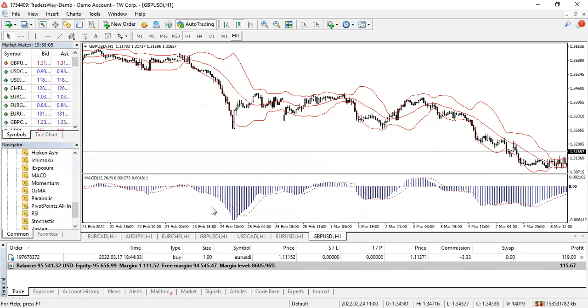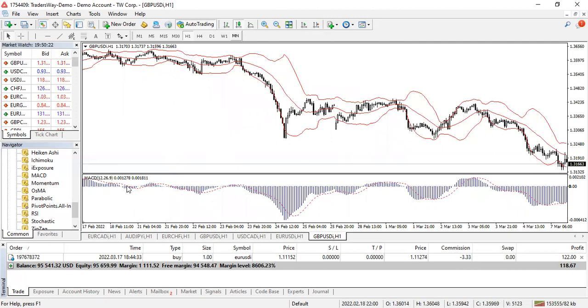So that is it. In my MACD here, this line is called the histogram. When there is no histogram here, it's indicating that the market is ranging as well.